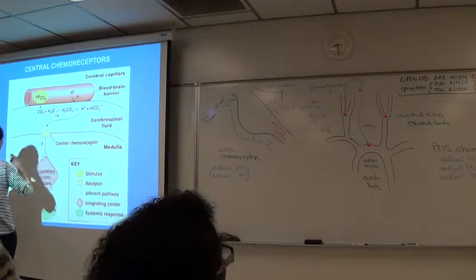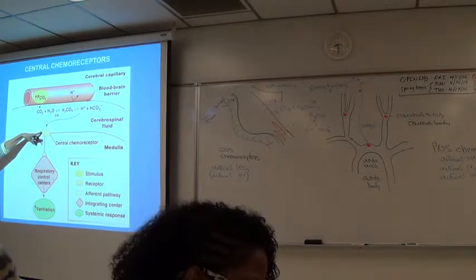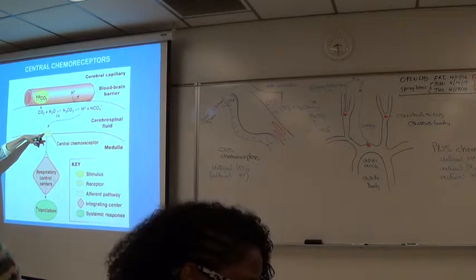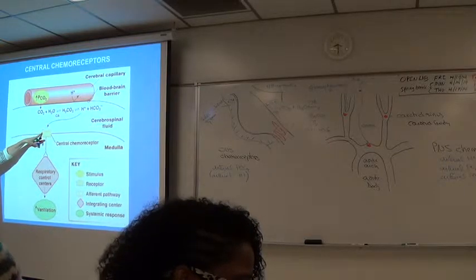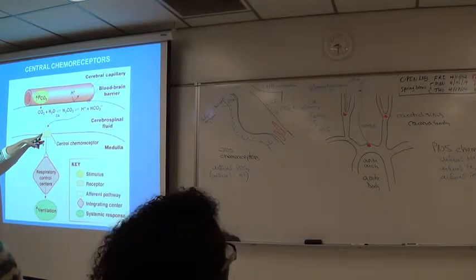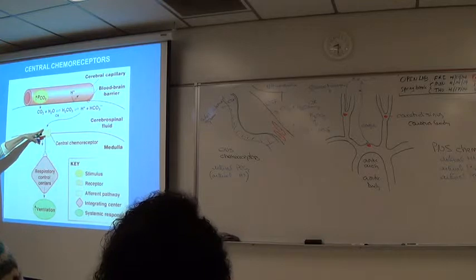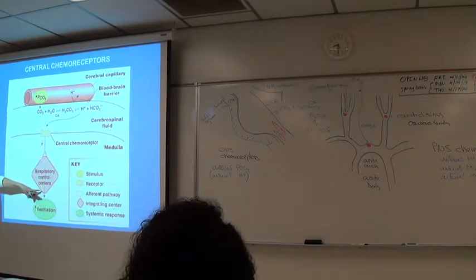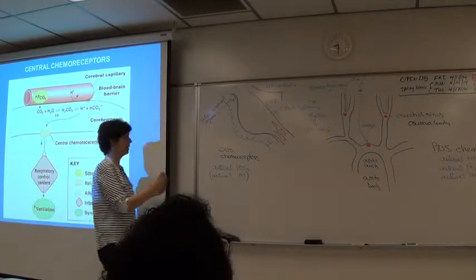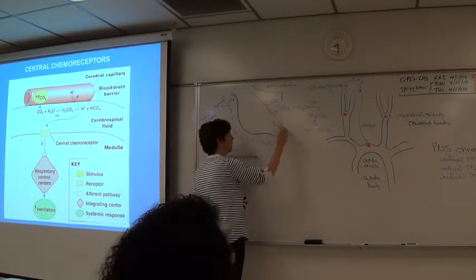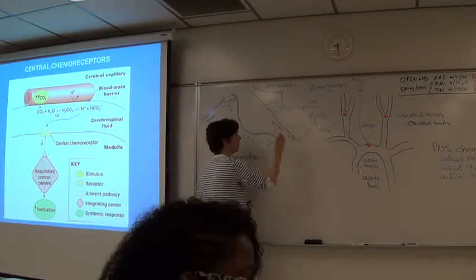So now we have chemoreceptors for hydrogen ions along the fourth ventricle, and as those bind to these hydrogen ions, they send signals to our dorsal respiratory group.